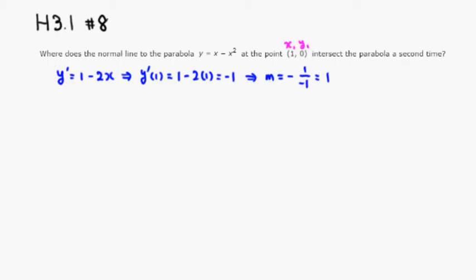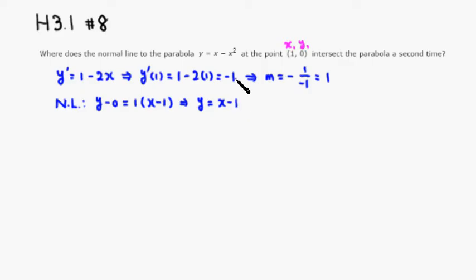So the normal line has this equation: y minus y1, which is 0, is equal to the slope 1 times x minus x1, which is 1. So this is just y equals x minus 1.